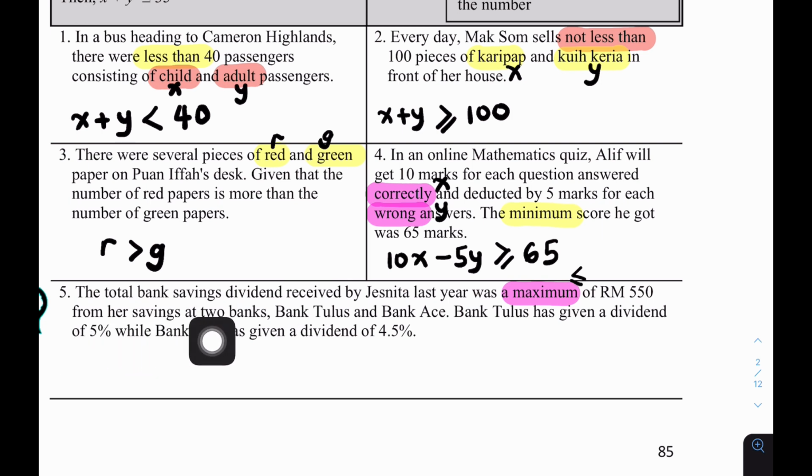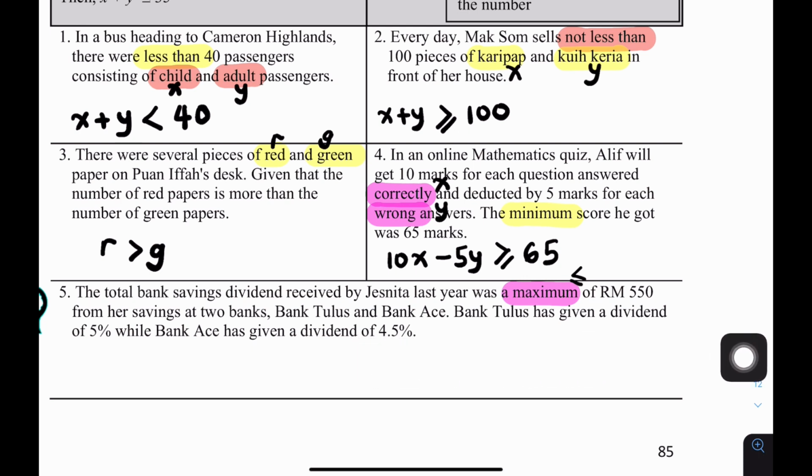From her savings at 2 banks. So ada 2 banks. So kita labelkan X dan Y lah. Bank Toulouse and Bank S. Bank Toulouse has given a dividend of 5%, while Bank S has given a dividend of 4.5%.